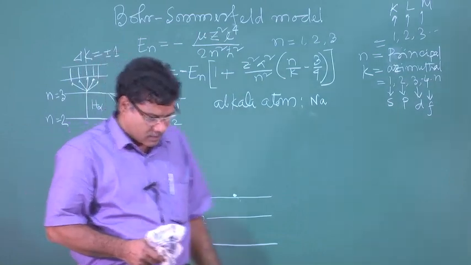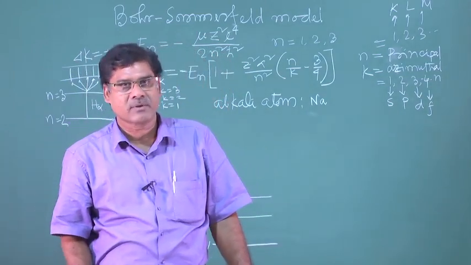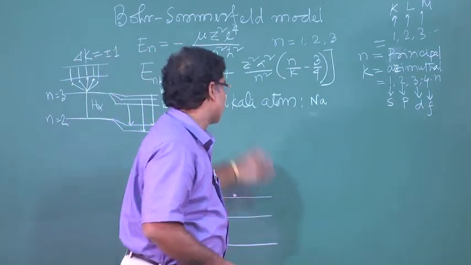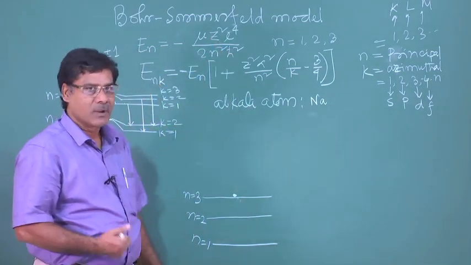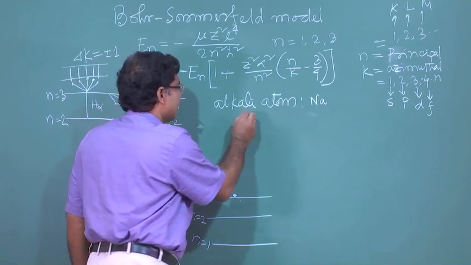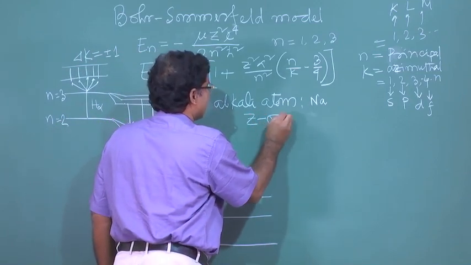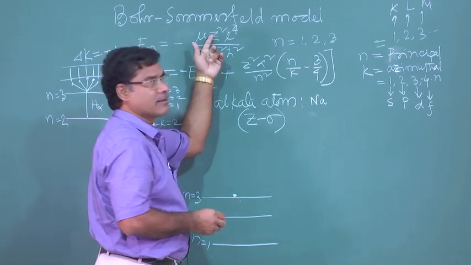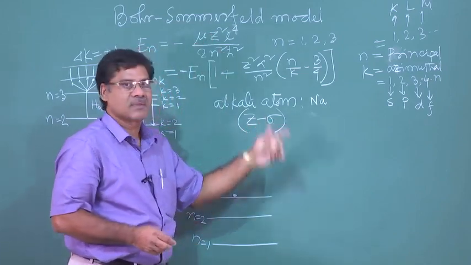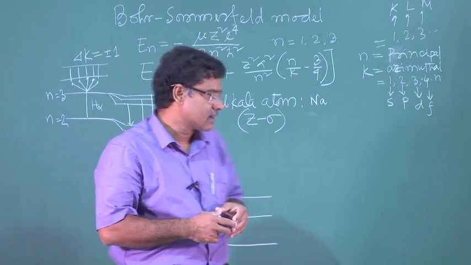Then it is similar to the hydrogen atom, and the energy expression for a hydrogen atom can be used for sodium also, where one has to replace Z. Z is not 1; generally people write Z minus sigma. Sigma is called the screening factor, or screening constant.